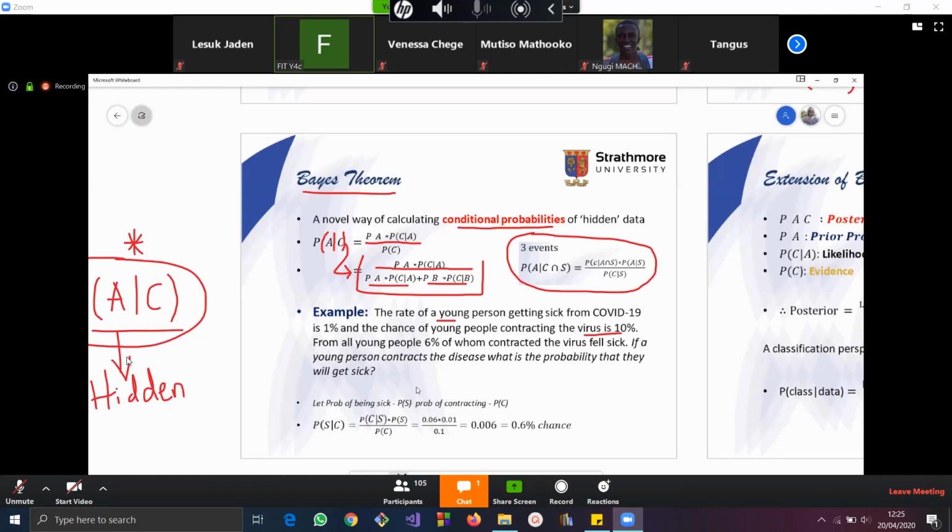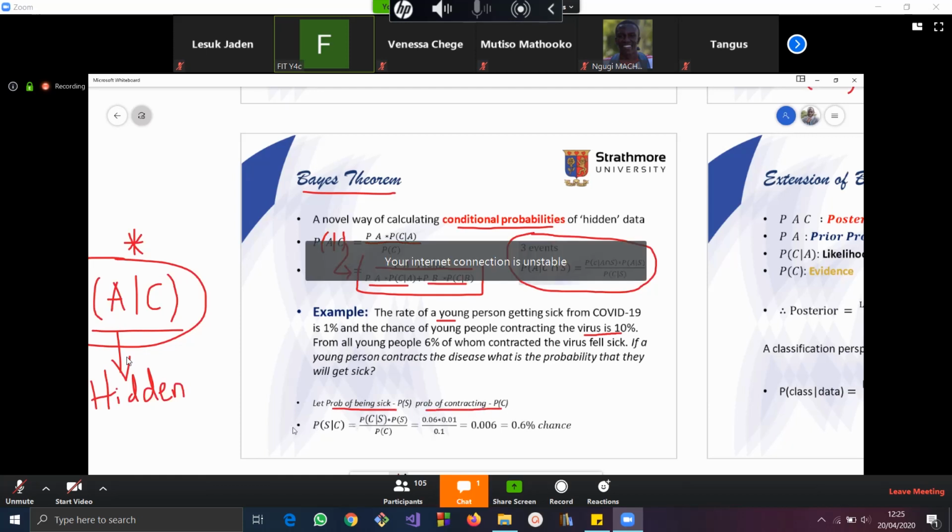And you are encouraged to draw this tree diagram so that you appreciate what Bayes did in 1776. Let the probability of being sick be P(S) and the probability of contracting be P(C).